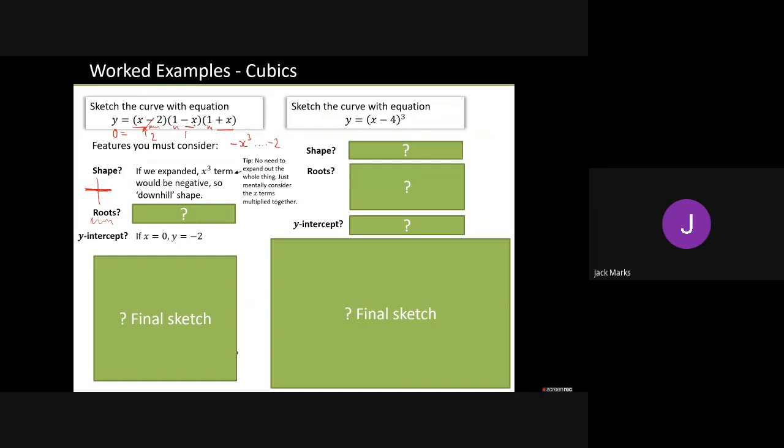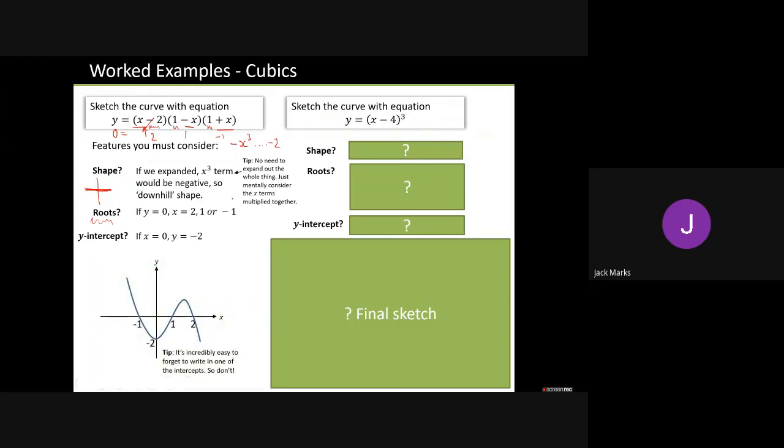Likewise, if x is 1 or if x is minus 1, all of these are roots. So I can put this all together: a falling cubic with a y-intercept of minus 2. Roots are where y equals 0. It must go through these points here, and these are all regular roots. So the graph goes from one side to the other, one side to the other, one side to the other.